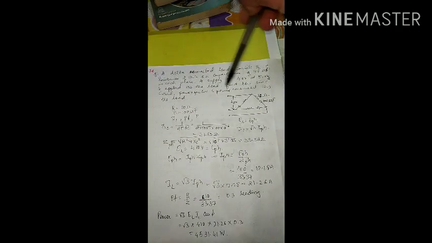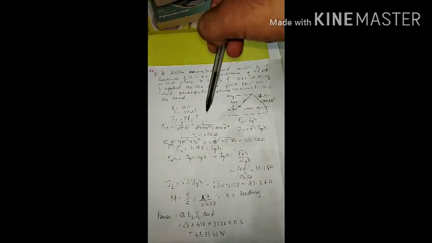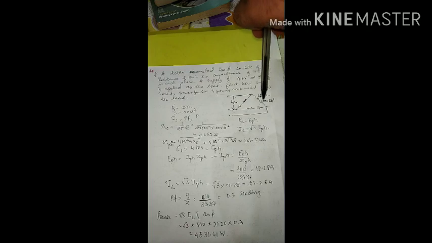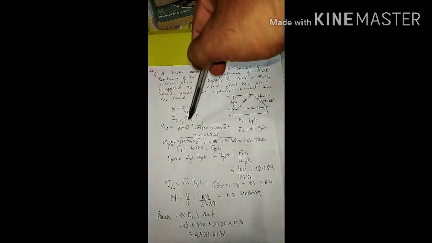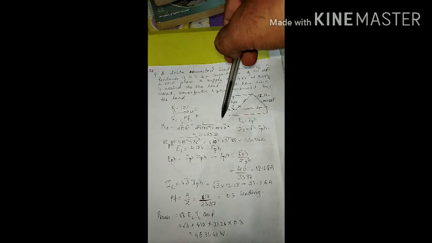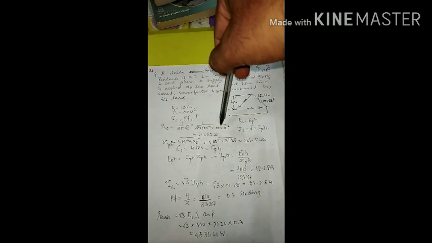R is equal to 10 ohm. Capacitance value is 100 microfarad. We need to find I_L, power factor and the power. So first we need to convert this capacitance to capacitive reactance by using Xc is equal to 1 by 2 pi F C. Substitute the values of F and capacitance. You get the answer as 31.85 ohm.